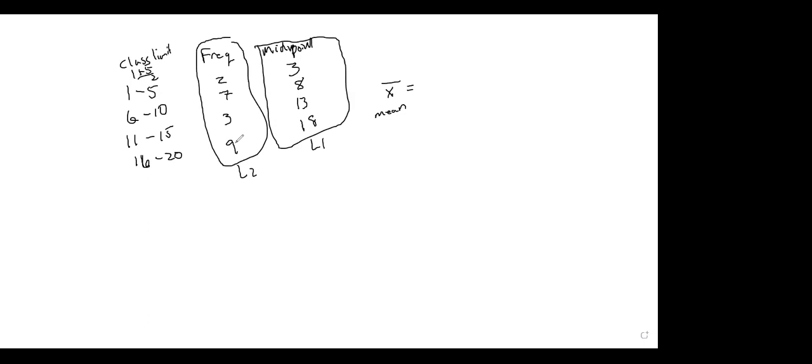And the frequencies in the second list, 2, 7, 3, and 9.